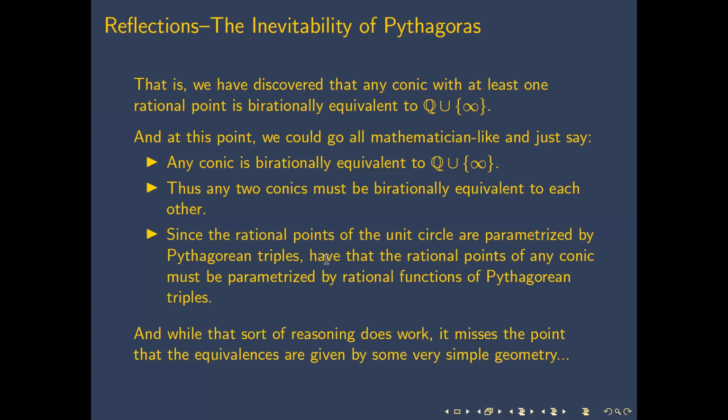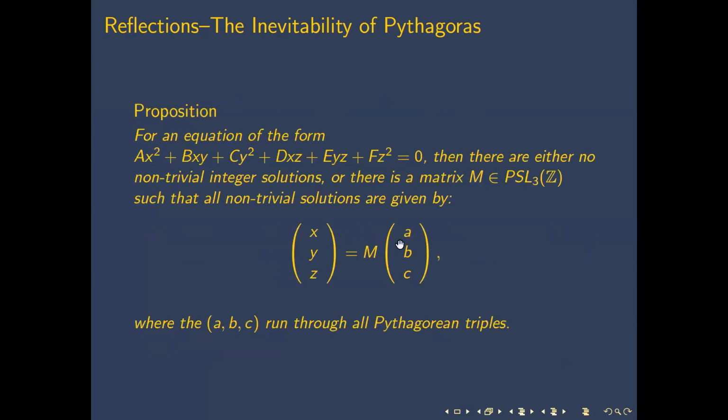Real quick, before I do that, let me just state the final result. It takes a little more work to show that we have actual linear something instead of rational something. But if you have any of these projective conics, you're looking for non-trivial integer solutions, well, as long as there's at least one of them, then all of them are given by some matrix applied to a Pythagorean triple.